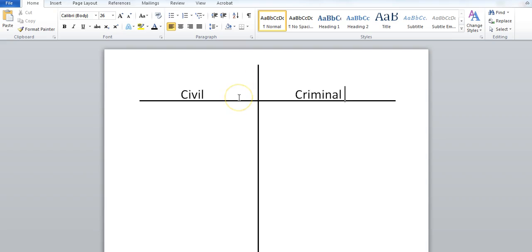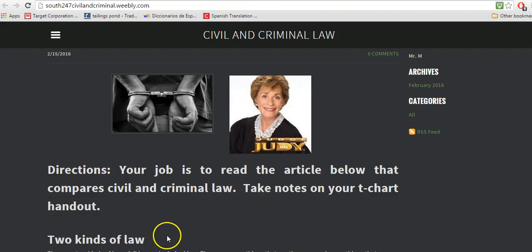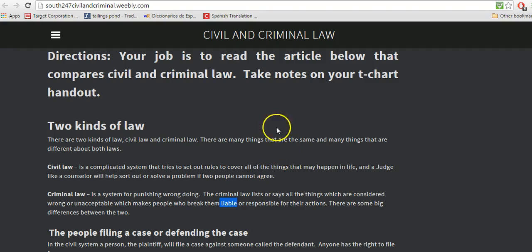So what we're going to do with this T-chart is we're going to put characteristics on each side of civil and criminal law. You'll be able to do that by reading this article.